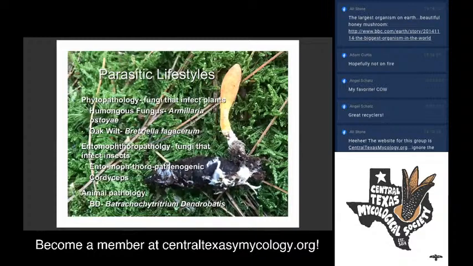Another one that I think is really important to be aware of, as far as parasitic fungi, are the entomopathogenic fungi. Oh my gosh, I said it once and I can't do it again. But they're these fungi that eat insects. I even put in a pronunciation guide. One of the popular ones, and the one that I have pictured here, is the cordyceps fungus.